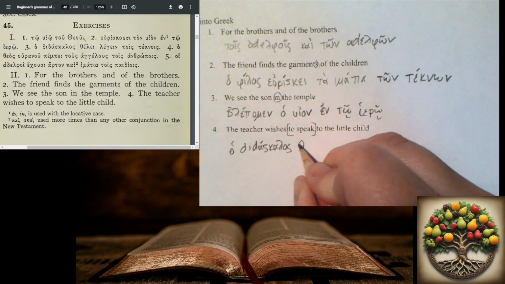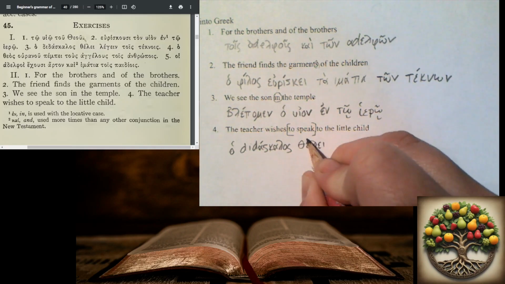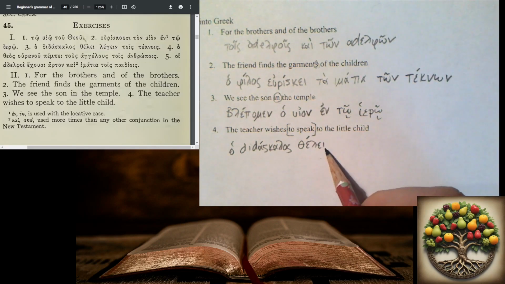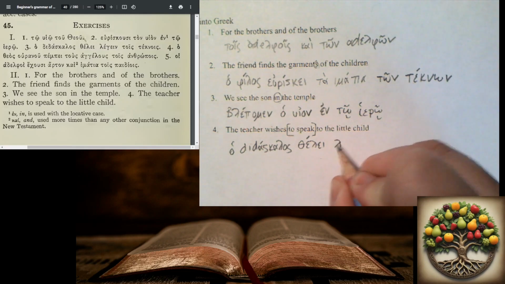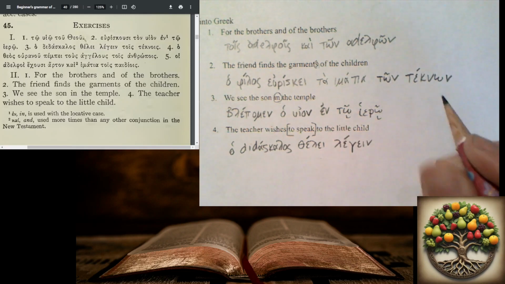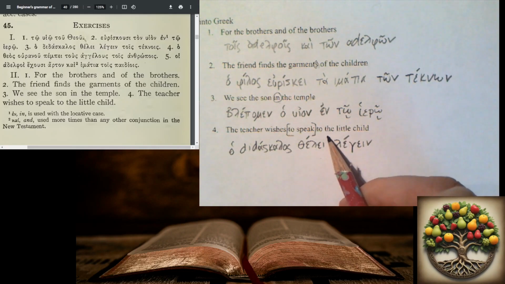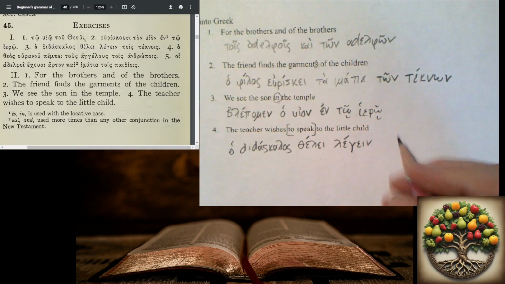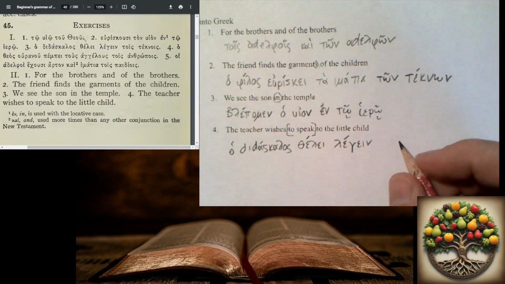Thelei. And so now we have to speak. We need legein. And now we're going to put the little child into the case for to, which is going to be dative.